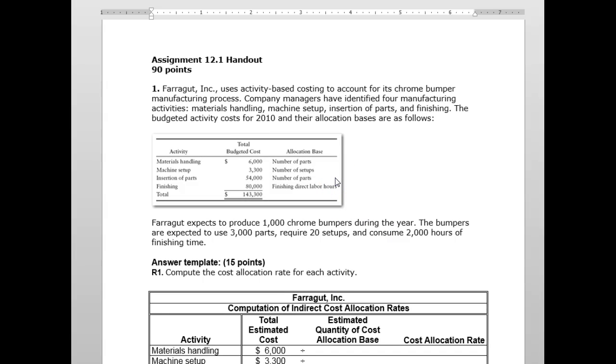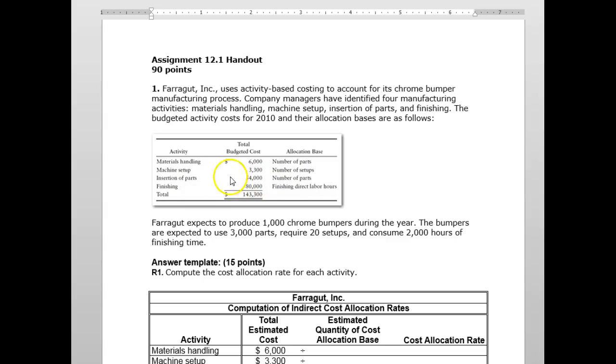They manufacture chrome bumpers, and they've identified 4 manufacturing activities: material handling, machine setup, insertion of parts, and finishing. The budgeted activity costs for 2010 and their allocation bases are as follows. You have $6,000 for material handling, allocated by the number of parts.